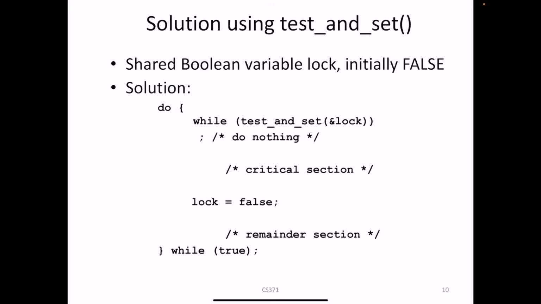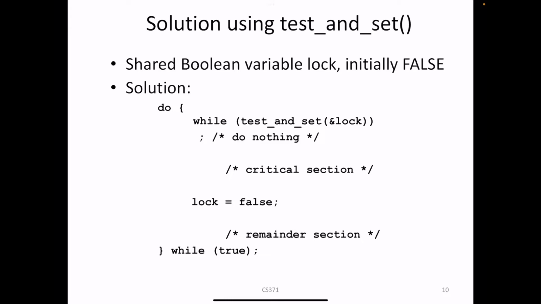Then let's look at a real example to see how the test and set function works to address the critical section problem. At the very beginning, the shared Boolean variable lock is initialized as false. In the solution, we can use test and set for different processes to access the critical section without any race condition. Here, we assume all the processes have the same code shown on the slide.